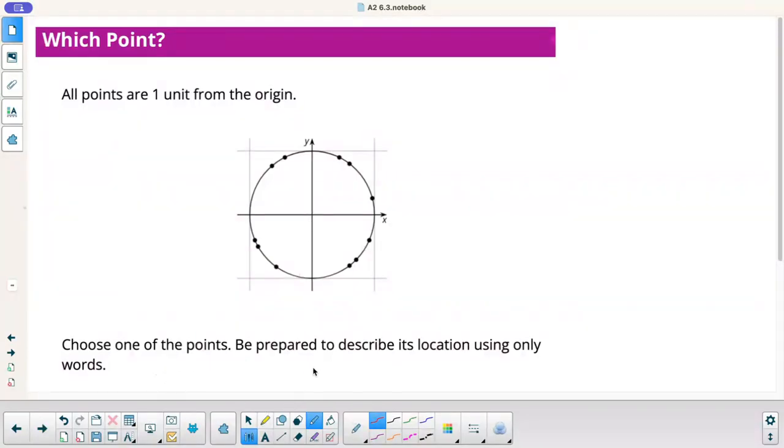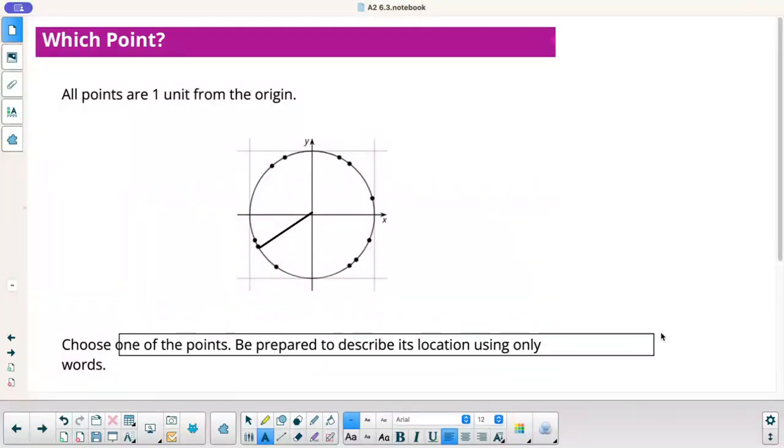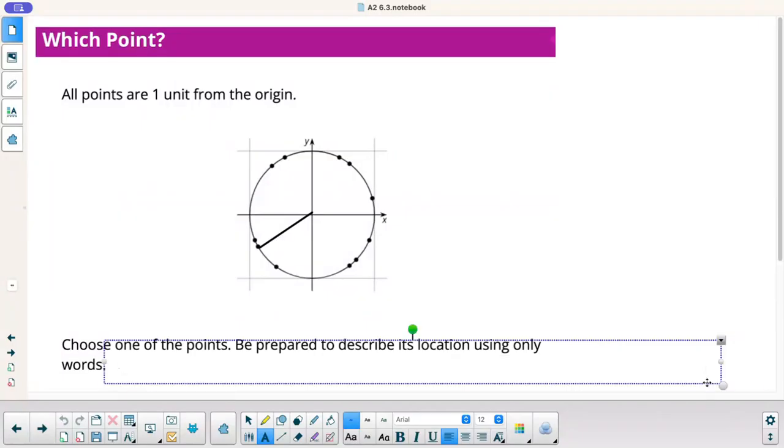Choose one of the points, be prepared to describe its location using only words. Okay, let's do, I don't know, let's go this one right there. All right, where is that location? So I would say, looks like I'm going to go left a little bit under 1.